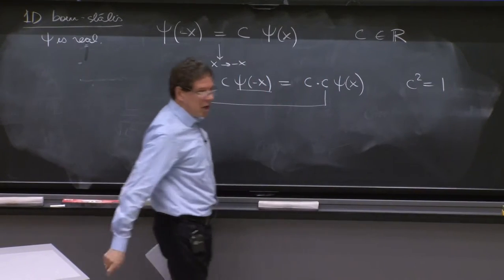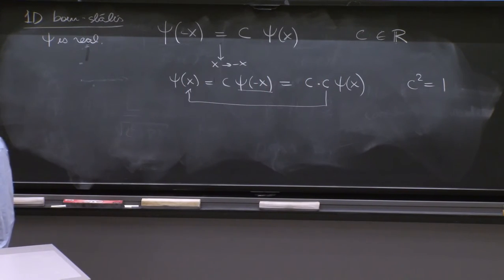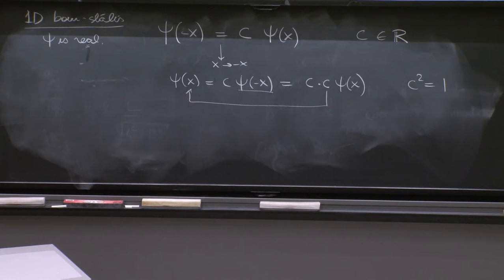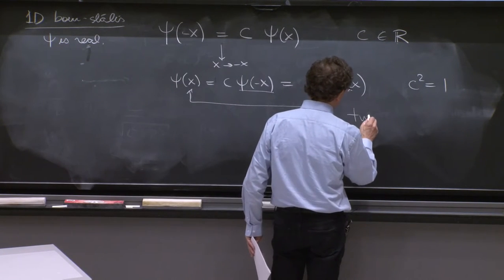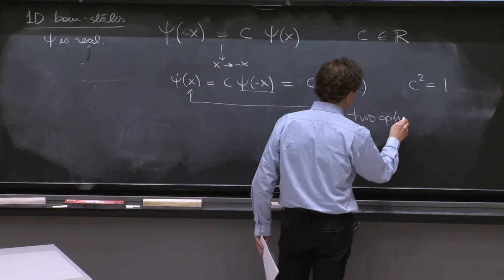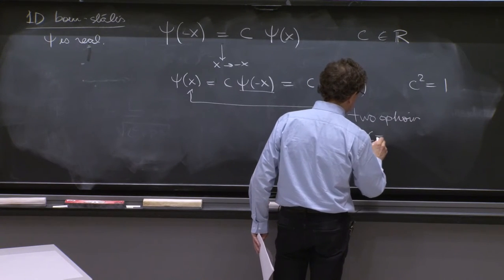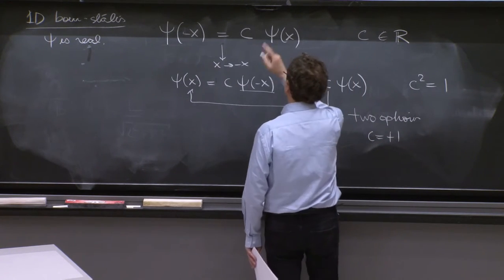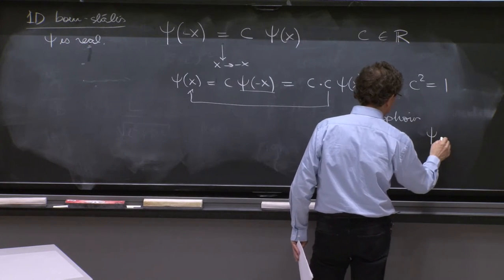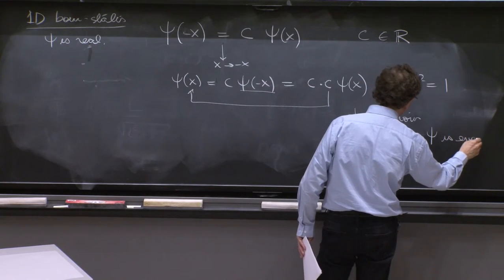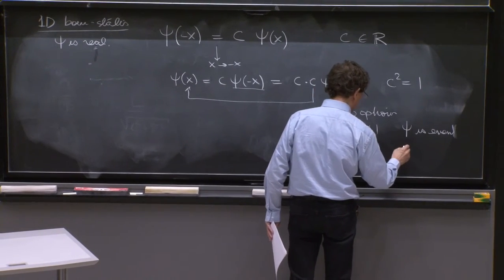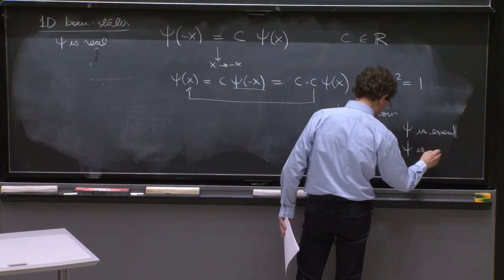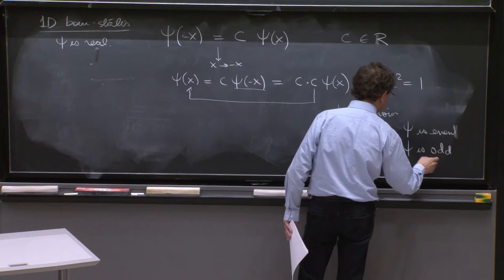But C is real. Therefore, there are only two options. C is equal to +1, in which case psi is even automatically, or C is equal to -1 and psi is odd.